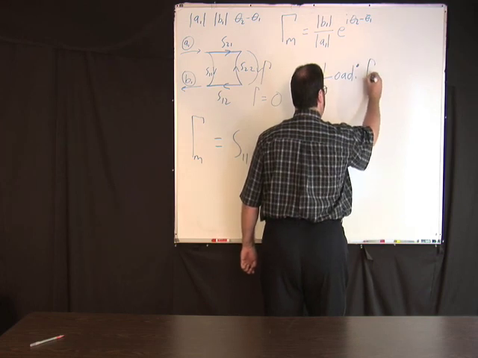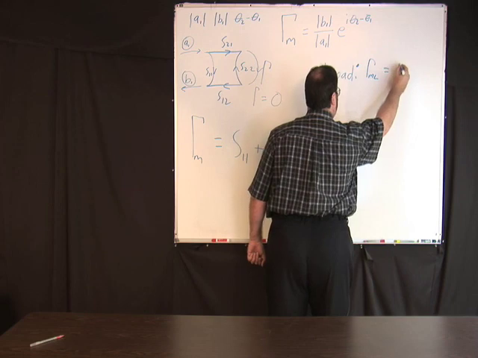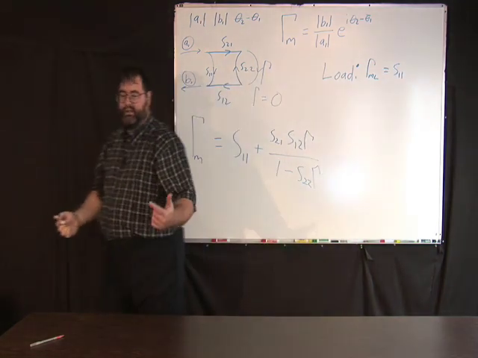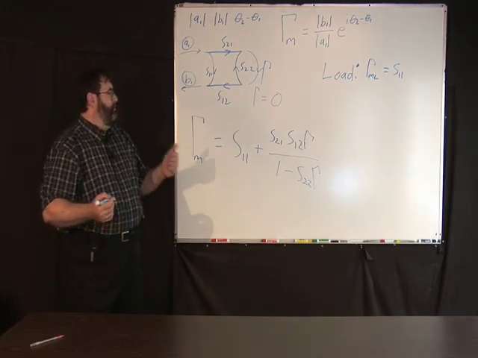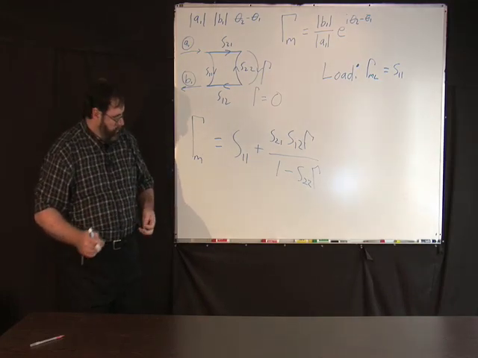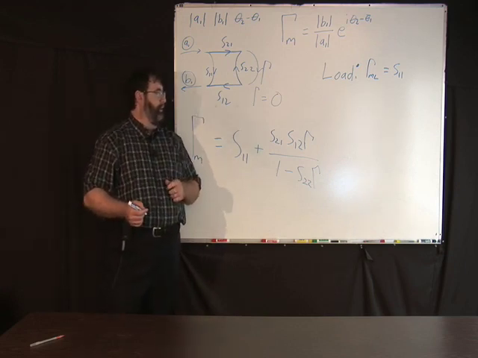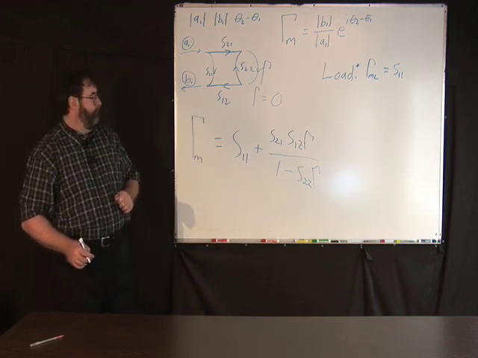Then your measured gamma with the load is S11. The only thing you're measuring is the reflection that's inherent in the reflectometer. Well, what do you do next? That might be all you do, but you probably would do more than that.